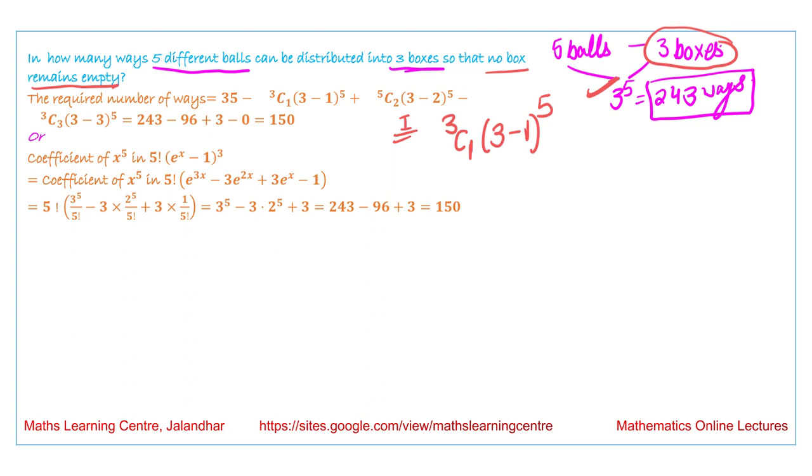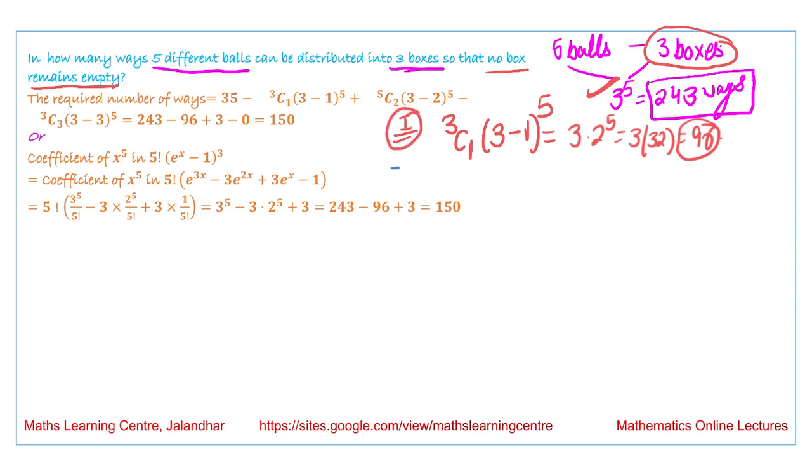So the answer we obtain in this case is 3C1, which is 3, and 2 raised to the power 5. So it is 3 into 32, that is equal to 96. So we are saying that there are a total of 96 ways in which one of them will be empty.